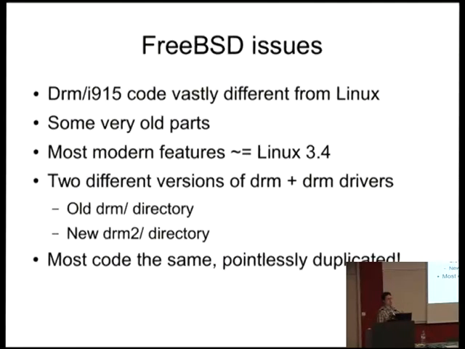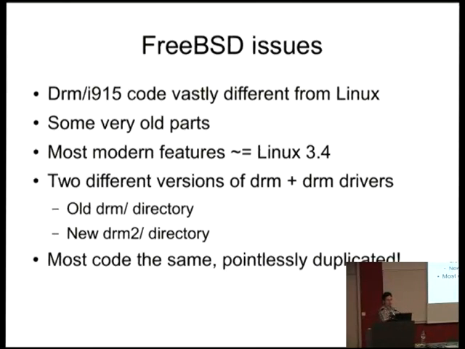The initial FreeBSD i915 driver was never really based on a specific version of Linux. We always had tens of thousands of lines of code differences, and there were other problems like 2 DRM directories, 2 copies of the DRM i915 drivers, 2 copies of the Radeon drivers, and so on.